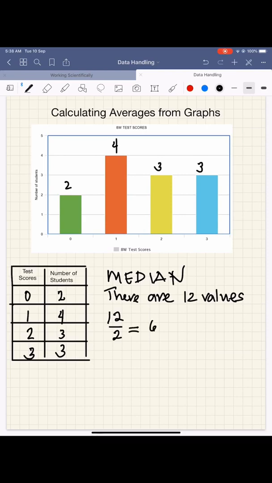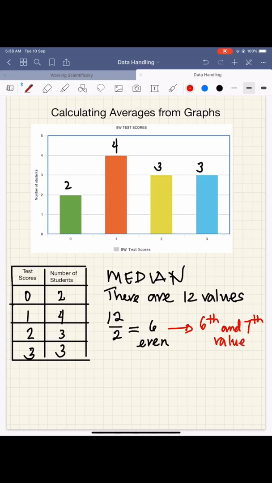Since this is an even number, that means there will be 2 middle values. The 2 middle values will be the 6th and the 7th value.